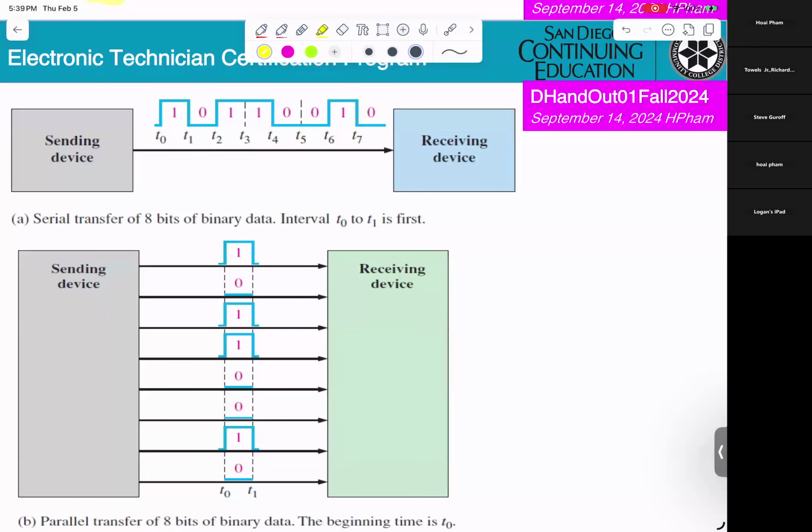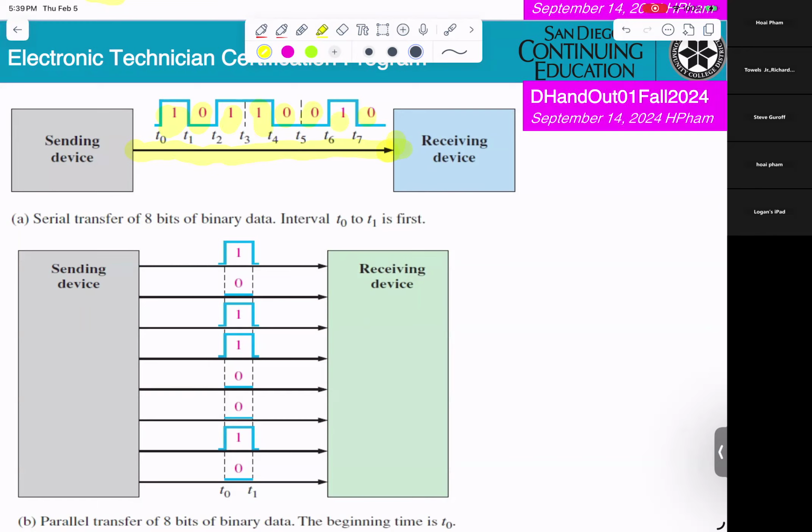Okay, another thing. Sending device, in serial. This is serial. You need only one wire. And this is a binary signal: 1, 0, 1, 1, 0, 1, 1. Okay.